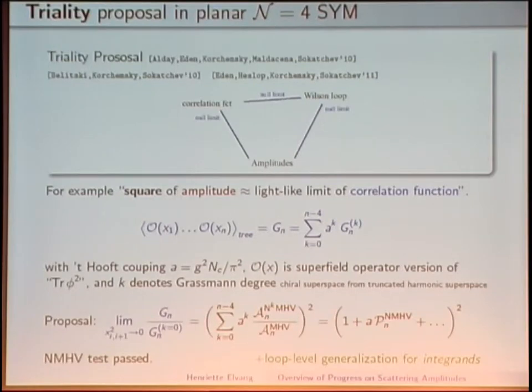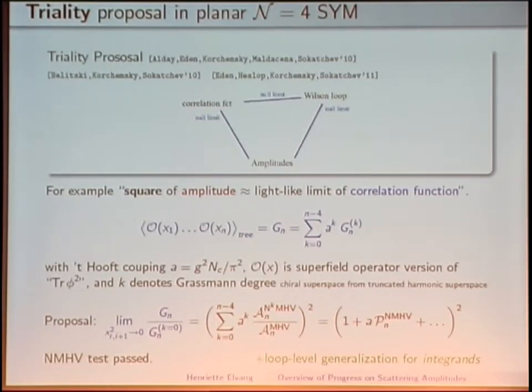It's a finite quantity. The proposal here of this leg of the triality is that this limit, the null limit of this ratio of correlation functions, is related to the square of the amplitude, again normalized by the NMHV level. And so if you expand this expression out, you can get a very non-trivial connection between the NMHV amplitudes and the correlation functions.